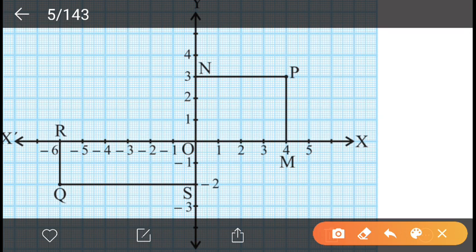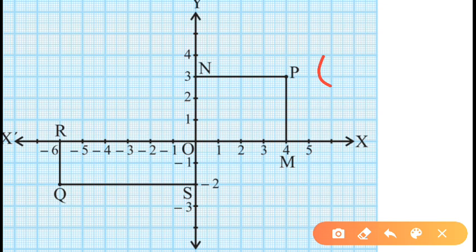You can write the coordinate of P as 4 comma 3. So I can say that the perpendicular distance from the y-axis to the point P is how much? 4.